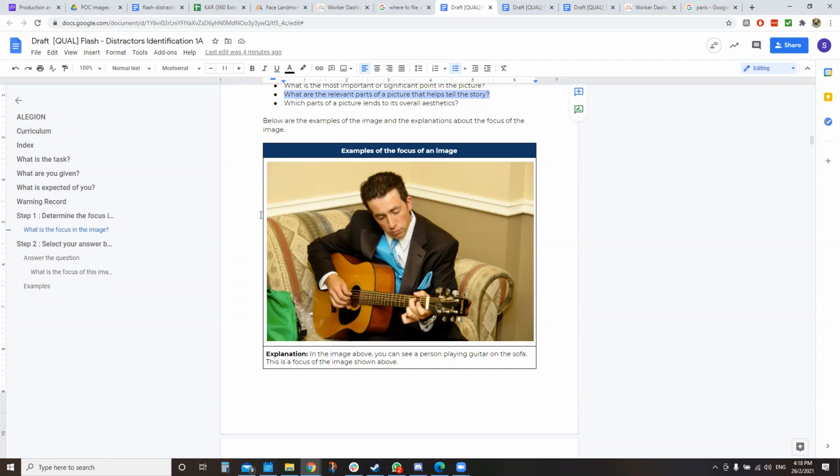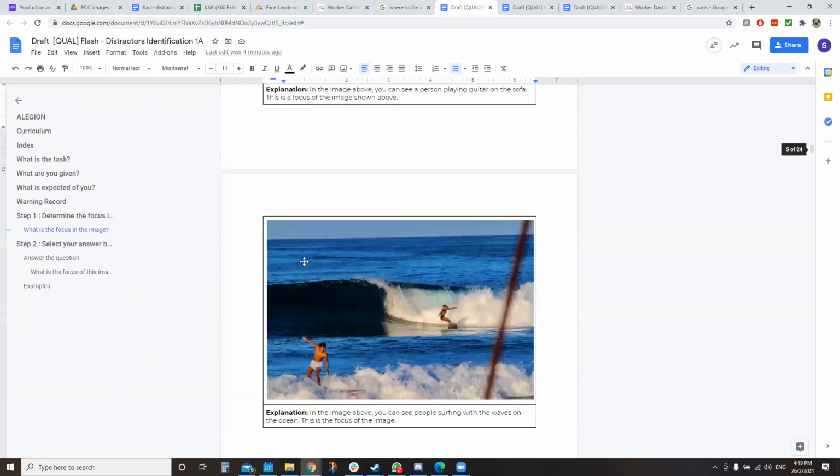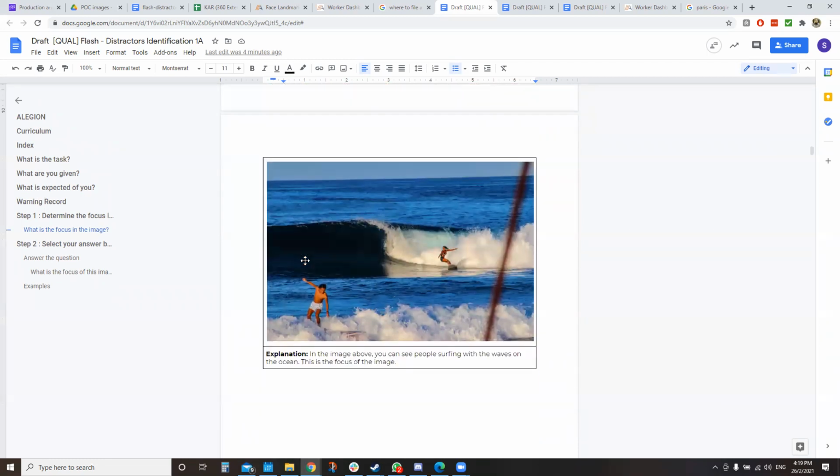Same for this. If I were to tell you to say what this picture is about, obviously the thing you will talk to me about is these two people surfing on the beach. That's the first thing that you will tell me. And you can obviously see there's something here that is causing a distraction.